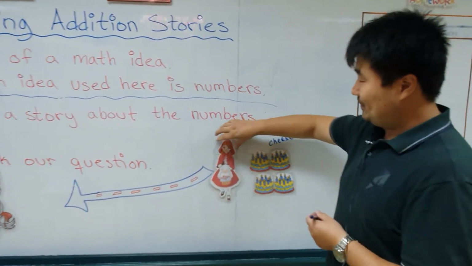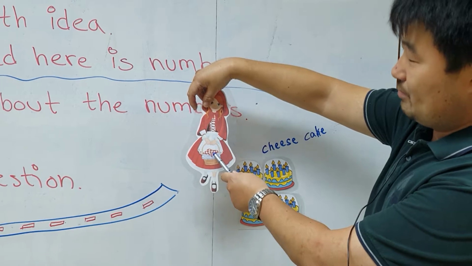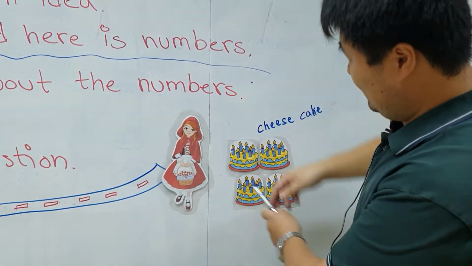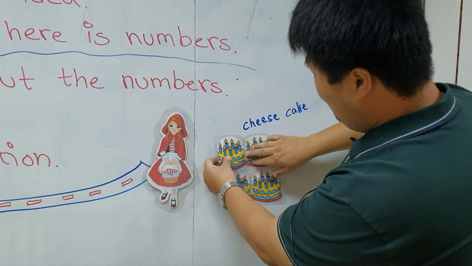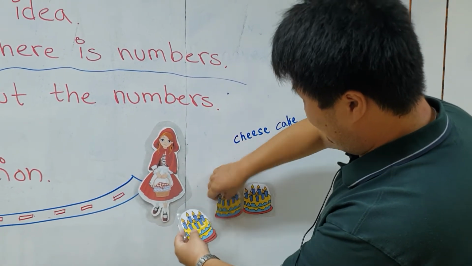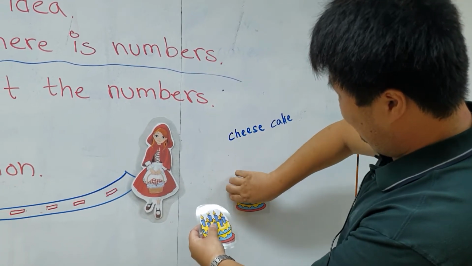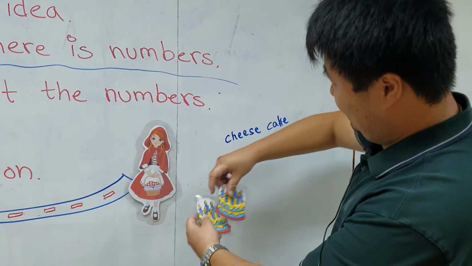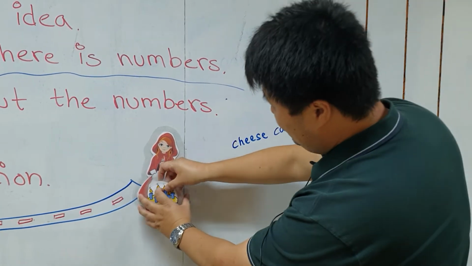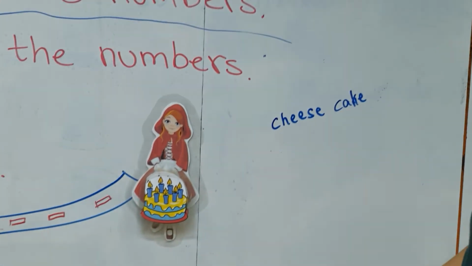But anyway, she baked and she packed all her cheesecakes in her basket. So let's put them all in her basket. Okay, so now she puts all the 4 cheesecakes in her basket.